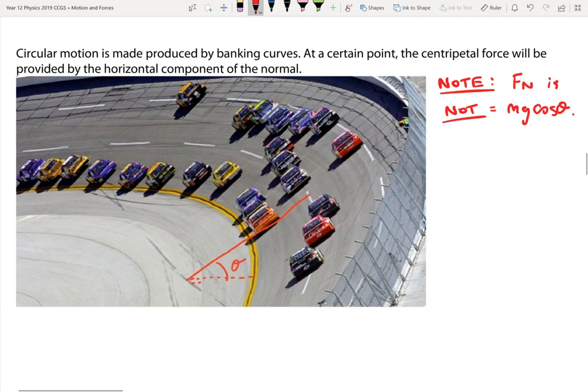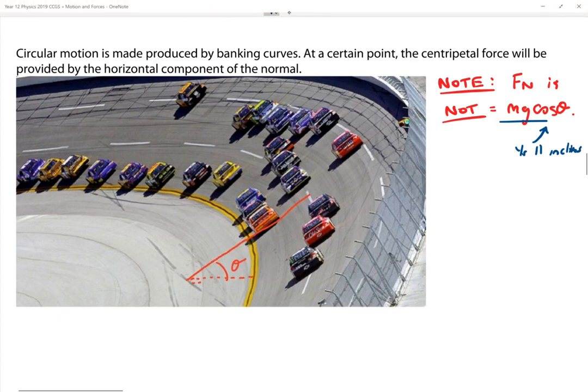And I want you to imagine that as they're travelling, they want to travel in a straight line, and wouldn't you know it, the road actually curves into them. So it actually produces a larger reaction force. We will find out it's actually bigger in this example, so remember that is year 11, inclines.